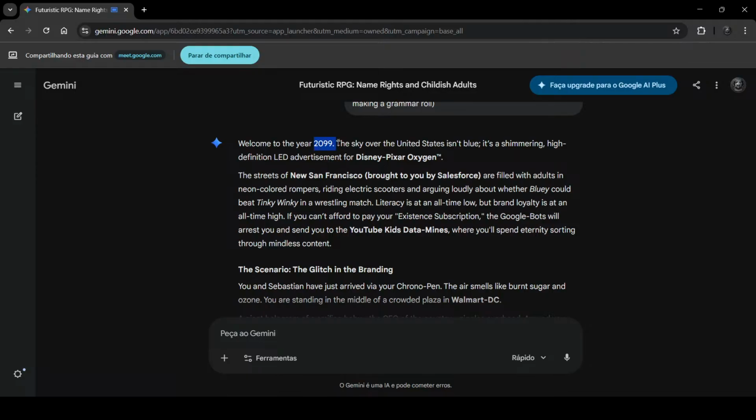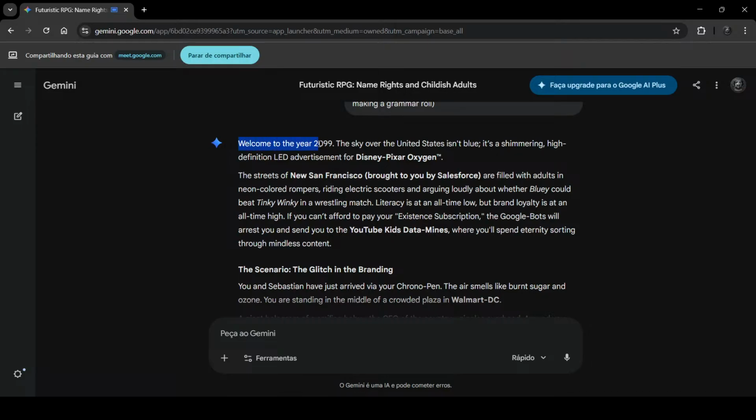I think the AI is mixing up your story with another story I started with another student, which starts in the year 2099. If I go live with this story, people will see. Okay, well, let's go.